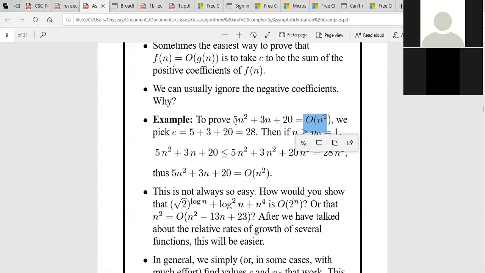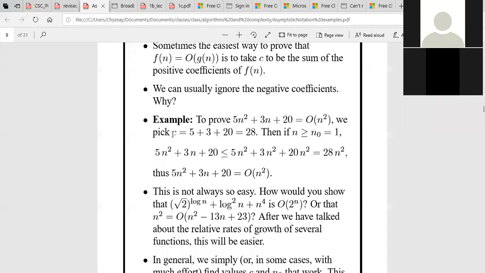We know that for f of n to exist, there are positive constants. So this is a positive constant 5, this is a positive constant 3, and this is a positive constant 20. If you pick all of these as values of c, and n squared has the highest power, the polynomial rate of growth of this expression.